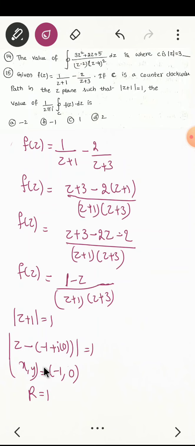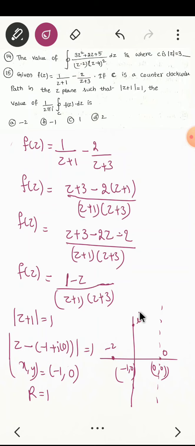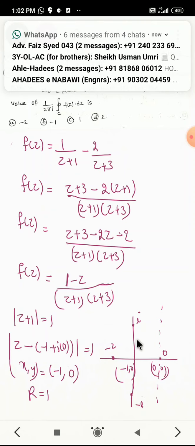After getting this, draw the contour. Center at (minus 1, 0) and radius is 1. Then this is (0, 0), and we go up to minus 2 here, i here, and minus i.